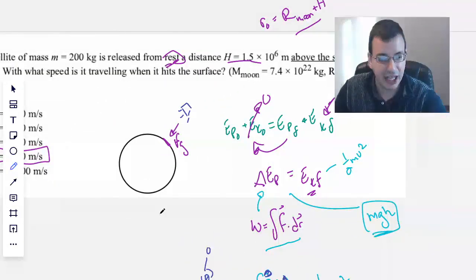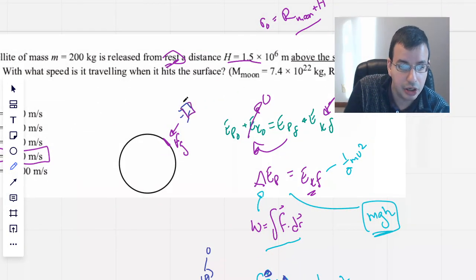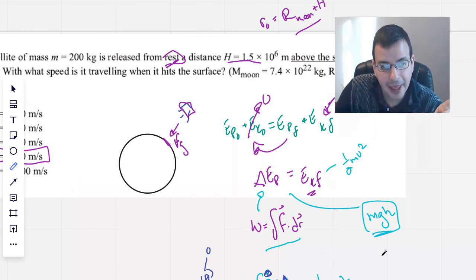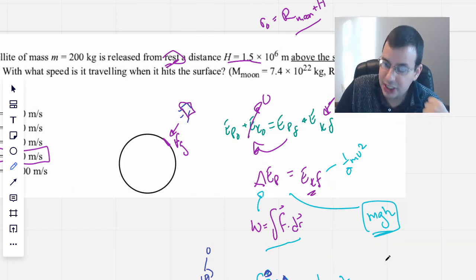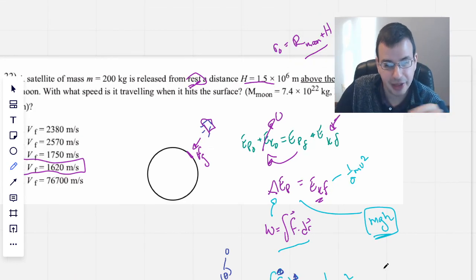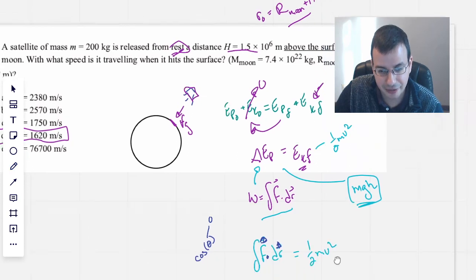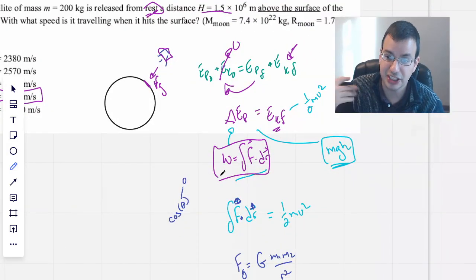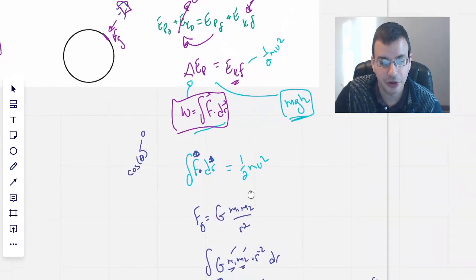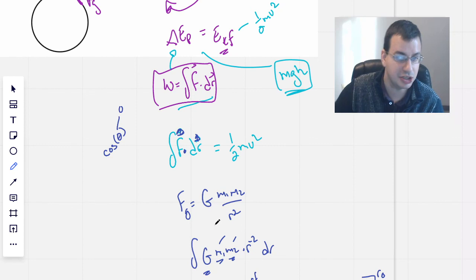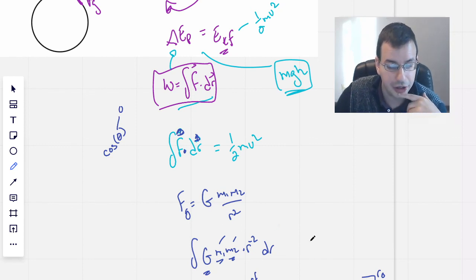We had a satellite up here. It was falling to the planet, the satellite, the moon. And as it was falling, it was picking up speed, converting potential energy to kinetic energy. And the way we account for that is through the equation work equals integral F dot dr. We know that force, for gravity, is G times mass 1 times mass 2 over r squared.